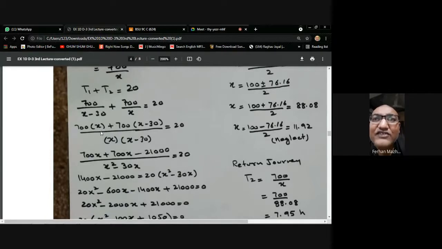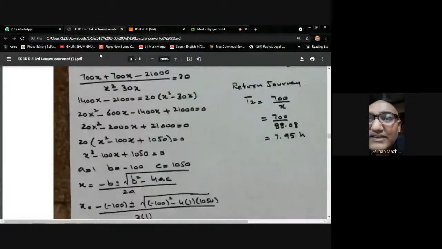So this 700 multiplied with this bracket gives 700x minus 21,000, divided by x multiplied with this bracket, which gives x square minus 30x, equals to 20. So now 700x plus 700x will give you 1400x minus 21,000 equals to this, which will go on that side and multiply with the 20. So you will have 20 bracket x square minus 30x bracket close.